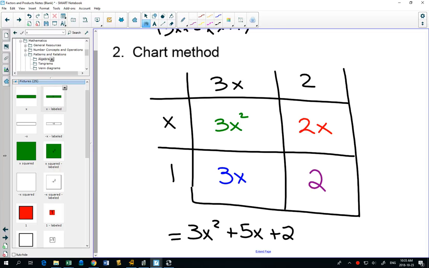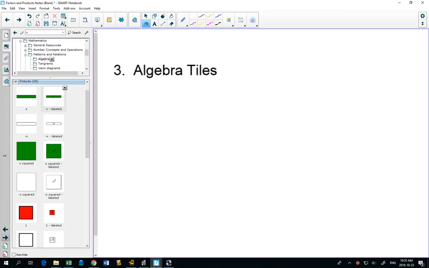And the final method that we have is with actual algebra tiles. So again, we're going to multiply 3x plus 2 times x plus 1.